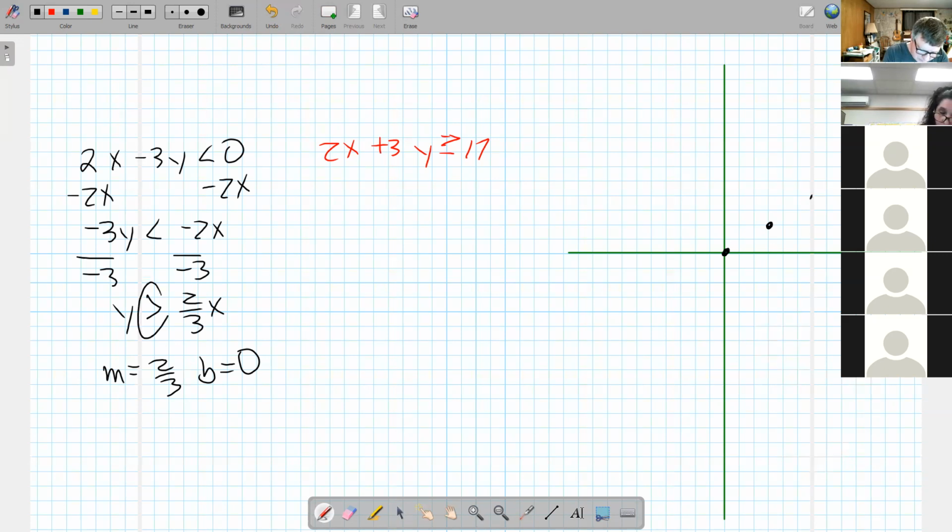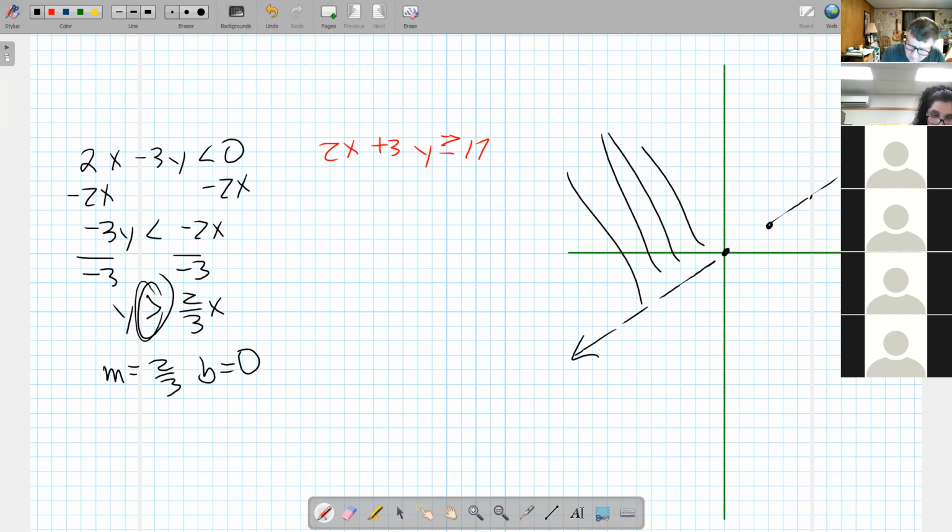Now, this is going to be a dotted or dashed line because there's no equals involved. And it says y is greater than, so we're talking above. If y was less than, it would be below. So there's the black inequality.